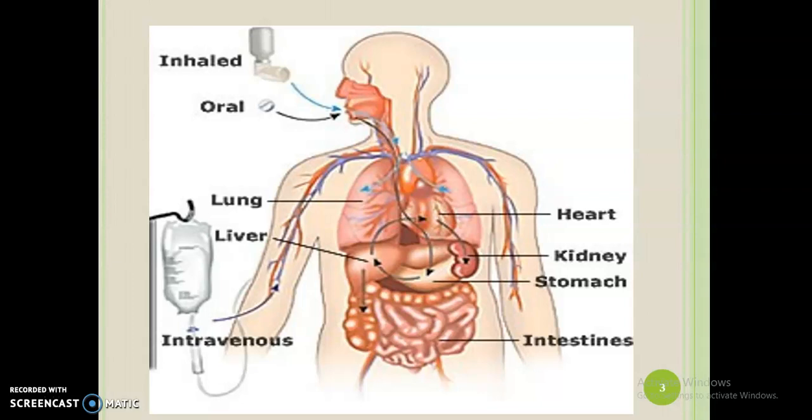After absorption, such a drug goes directly to the liver. In the liver, the drugs having some unwanted material, that is removed. And after that, these drugs move to their site of action.